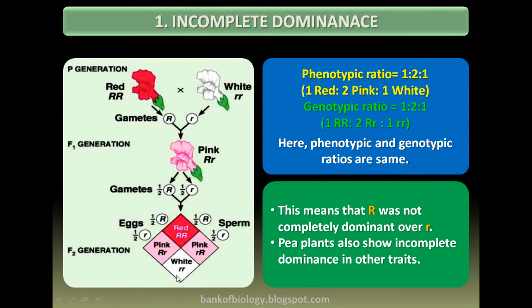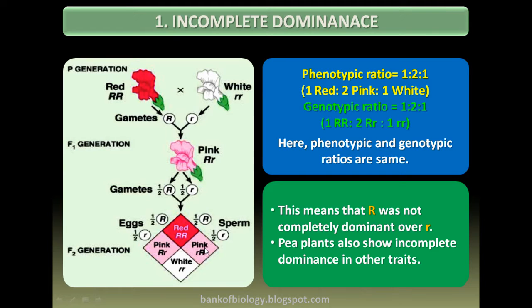But in the heterozygous form, we get an intermediate character, which is the deviation from Mendelian inheritance. That is pink. Here the phenotypic ratio is 1:2:1, that means 1 red, 2 pink, 1 white.